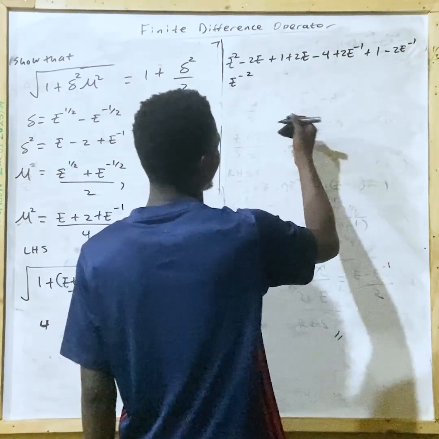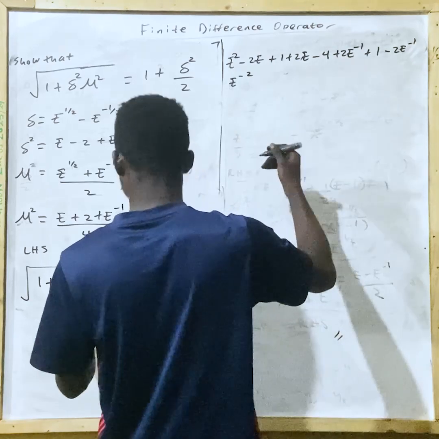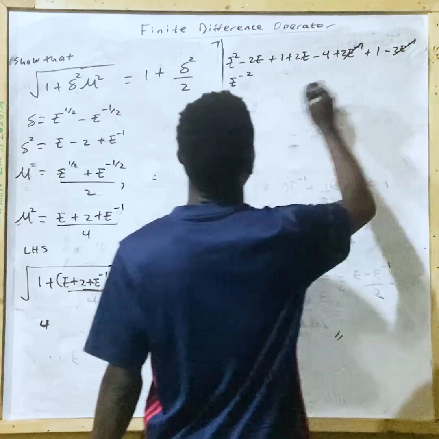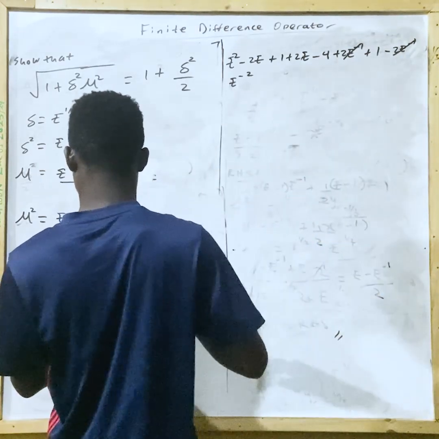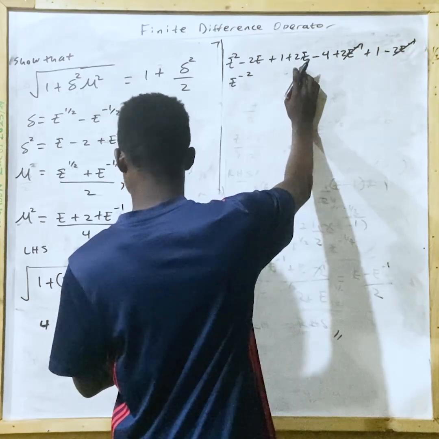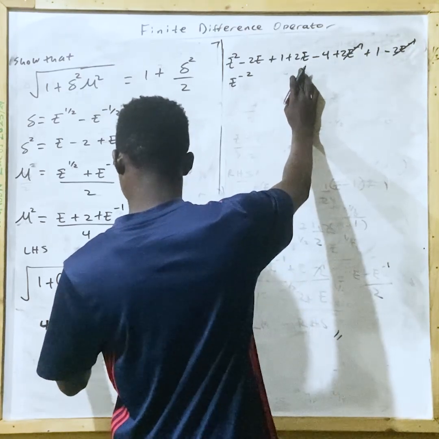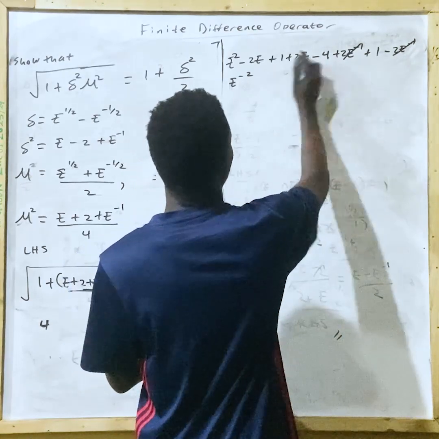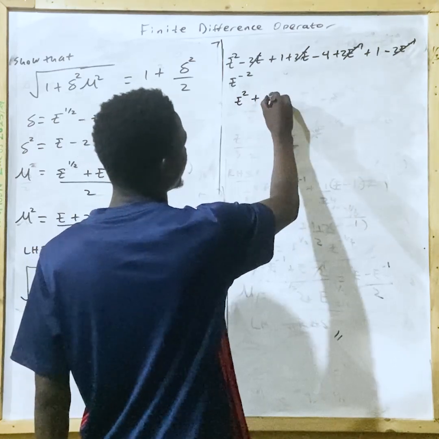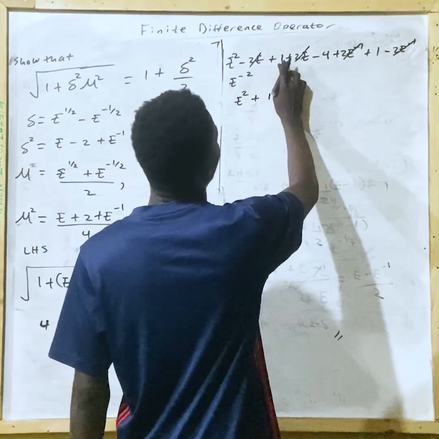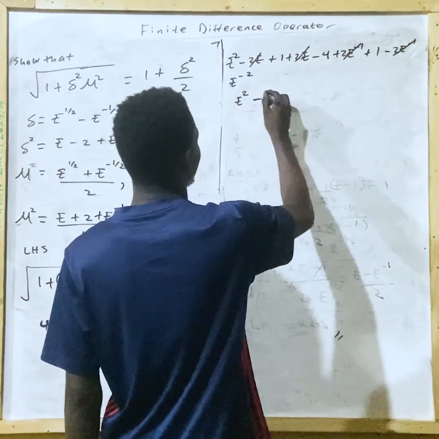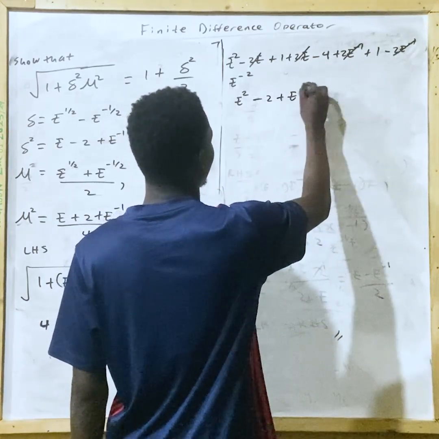Looking at those things that can cancel, this can cancel this, and this can cancel this. So I have e square plus 1 plus 1, 2, minus 4, that's e square minus 2 plus e raised to power minus 2.